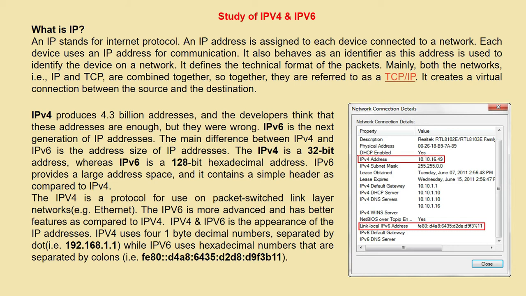IPv4 uses four 1-byte decimal numbers separated by dots, just like 192.168.1.1.